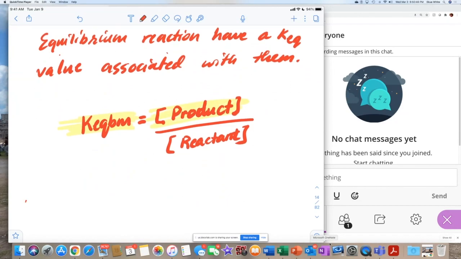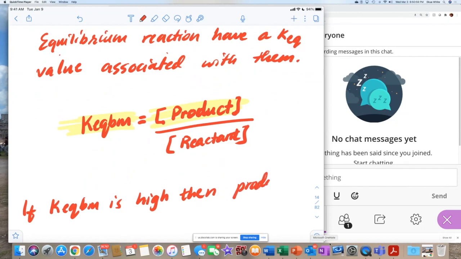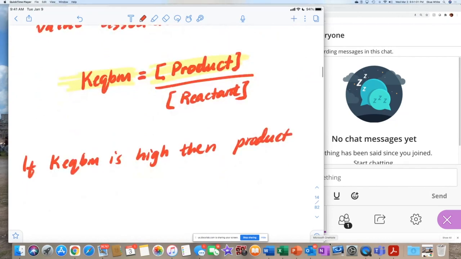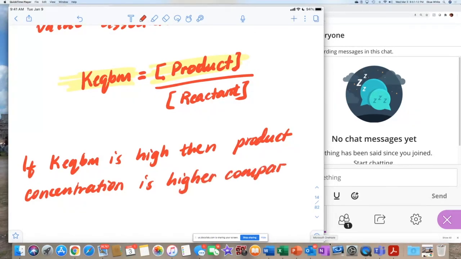So because of that, if K equilibrium is high, this is all relative, then product concentration is higher compared to reactant concentration.